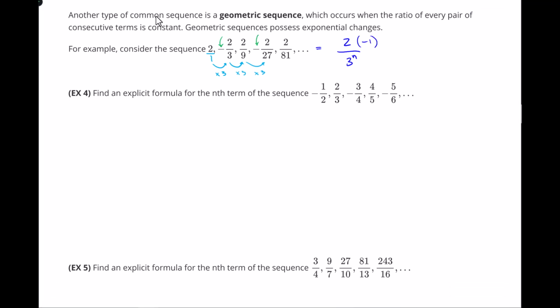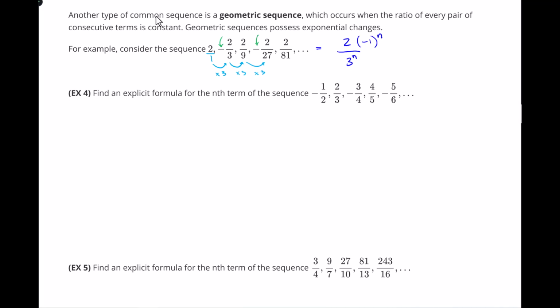But if I take negative 1 and raise it to the nth power, that actually alternates it. Negative 1 to the first power is negative. Negative 1 to the second power is negative 1 times negative 1, which is positive 1. Negative 1 to the third is back to negative 1. So it alternates. I just need to make sure I have the correct alternation.